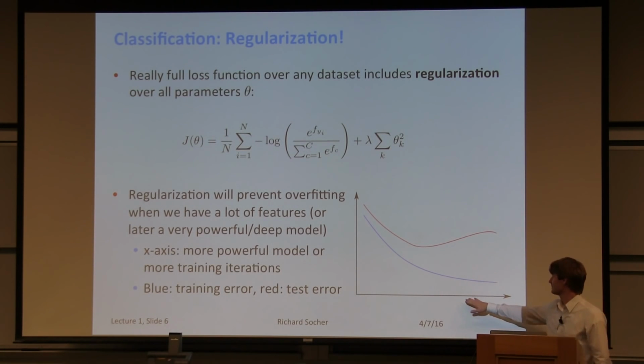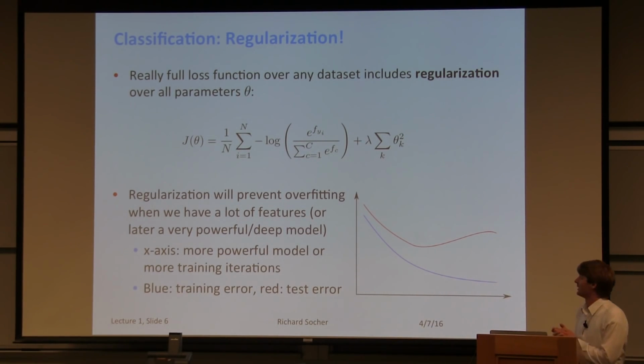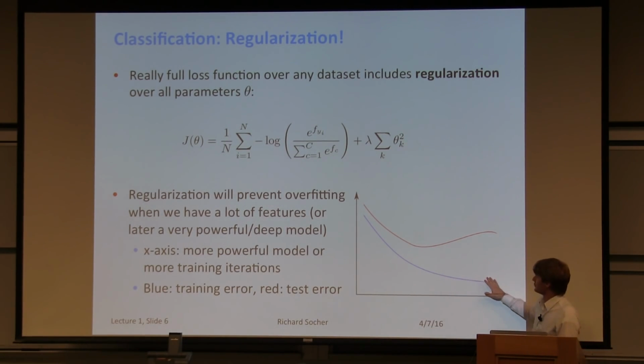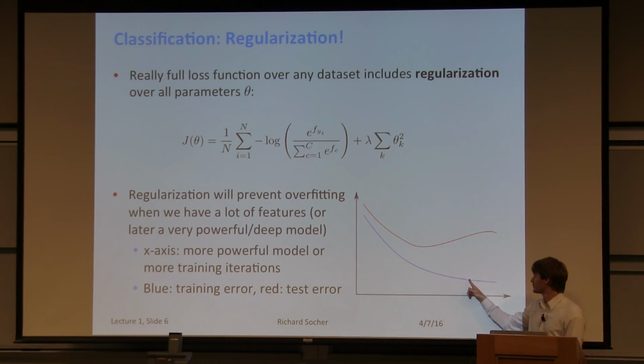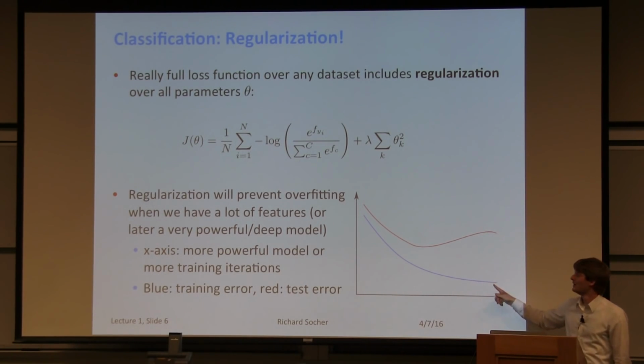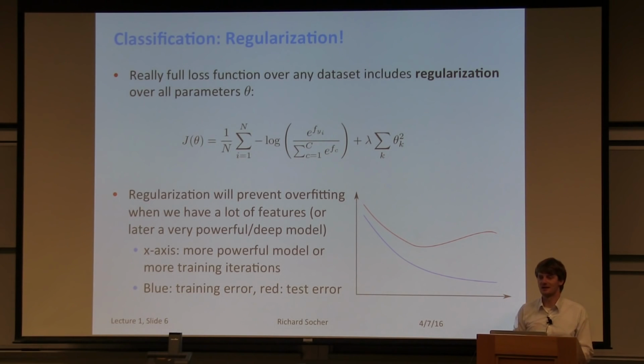So basically, things that make your model more powerful and more accurate. And then on the y-axis you have your error. And in blue, you have your training error. As you add more and more parameters, for instance, to your word vectors, that's the one thing we now know already. If you make your word vectors 500 dimensional, and now you train them, your training error will go further and further down. But at some point, your test error will actually start increasing again.